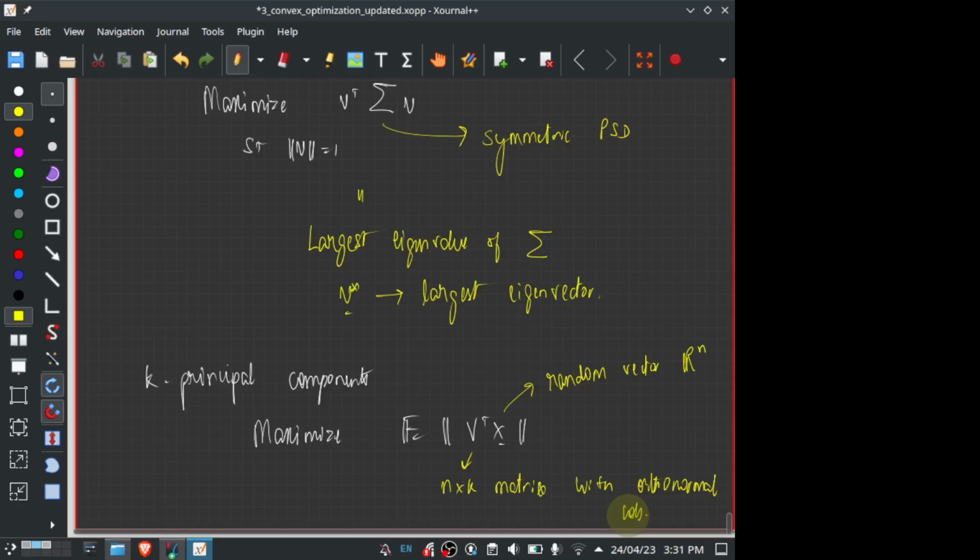You can show that this amounts to finding the k largest eigenvectors, or the eigenvectors corresponding to the first k eigenvalues of the covariance matrix sigma.